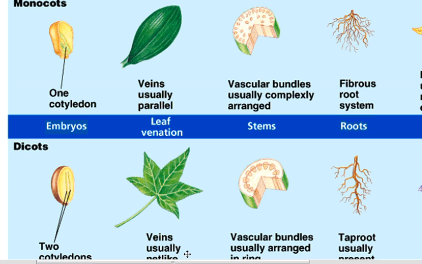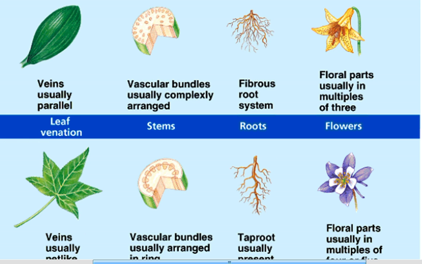The veins are usually parallel. They have vascular bundles, which we'll talk more about, that are usually arranged in kind of a random arrangement. It says complexly arranged here, but they're kind of random. Fibrous root systems, meaning that they are kind of like this net-like fiber as opposed to a taproot, and their flowers are multiples of 3.